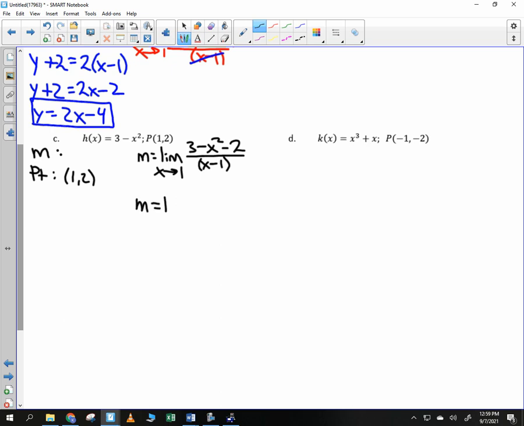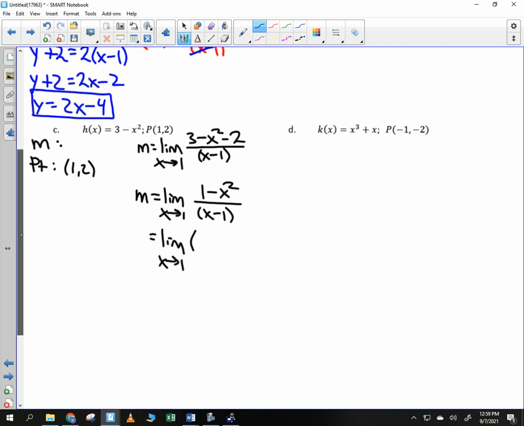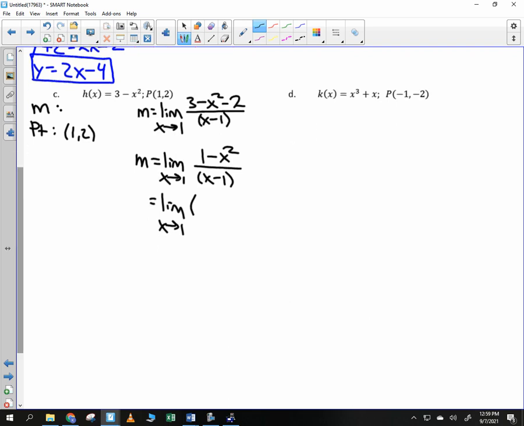So the slope is the limit as x goes to 1 of, what does the top become? One minus x squared over x minus 1. Similar to the last problem, but slightly different, isn't it? How does 1 minus x squared factor? It is not x minus 1 and x plus 1.